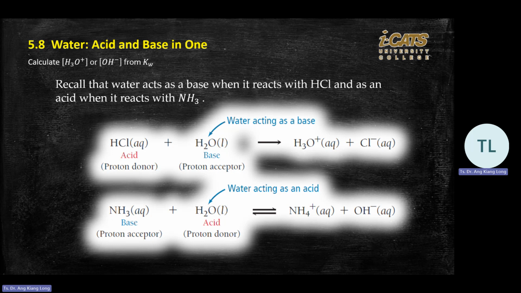By using the Bronsted-Lowry definition. Why? If you write the equation, HCl will become H3O plus, like what we exercised just now. Acid will become conjugate base, right? So base will become conjugate acid, same.